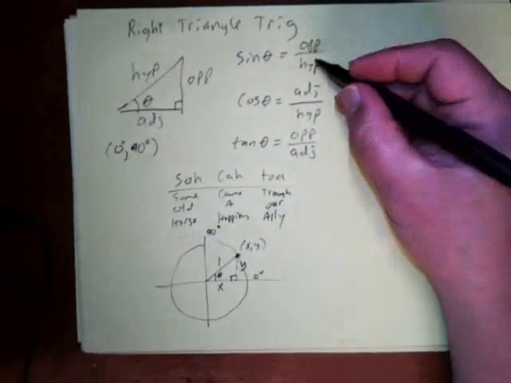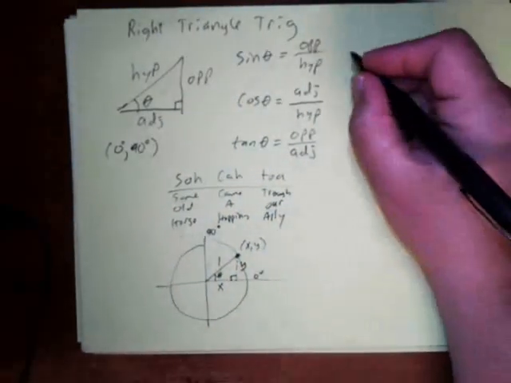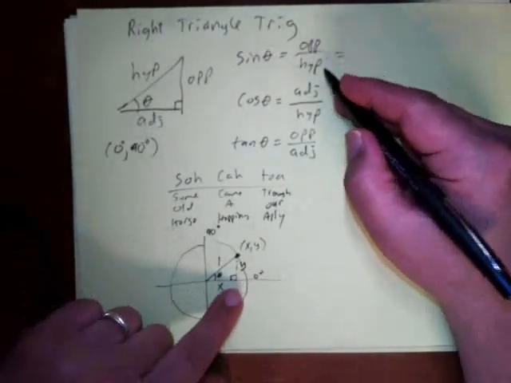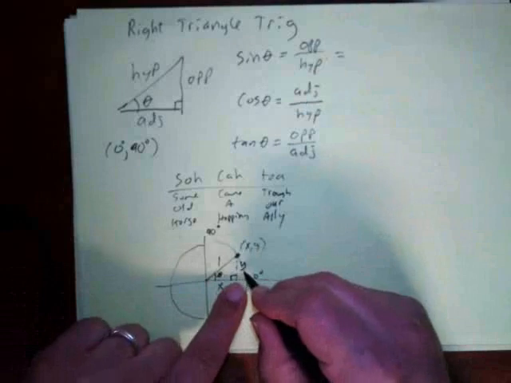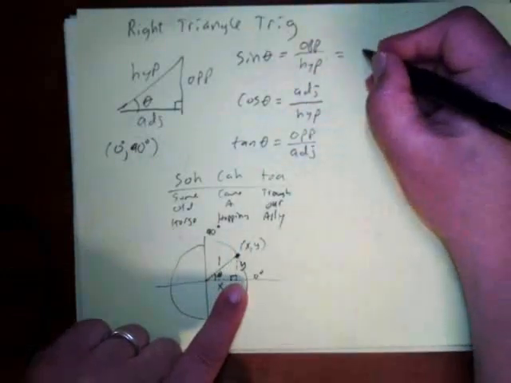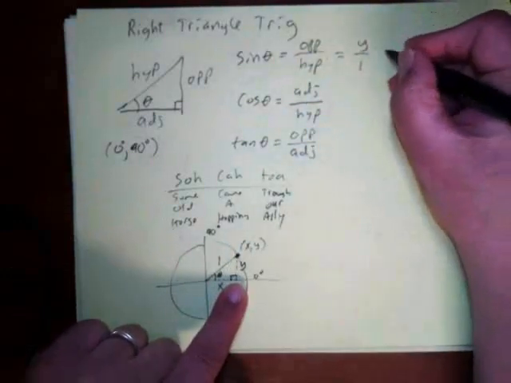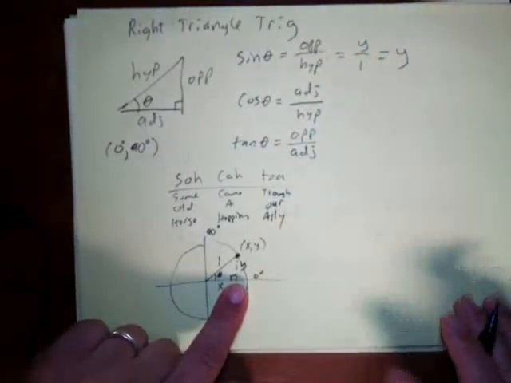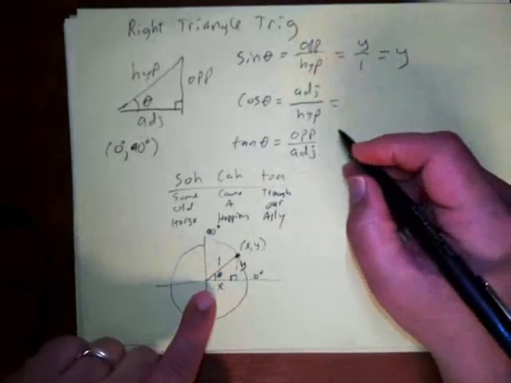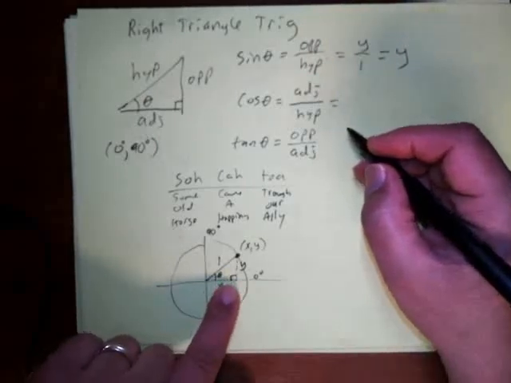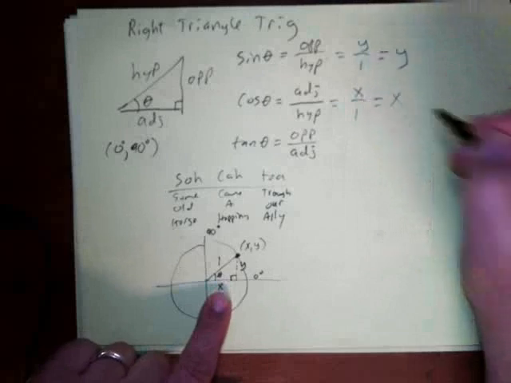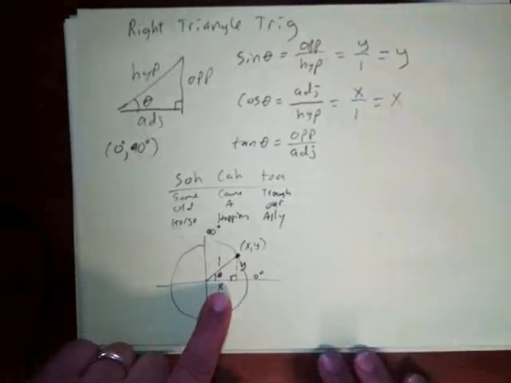So if I use this definition, notice what happens. The opposite over hypotenuse: the opposite is y, the hypotenuse is 1. So this would be y over 1, and that would just give me the y coordinate on the unit circle. Adjacent over hypotenuse would be x over 1, and that would give me the x coordinate on the unit circle.